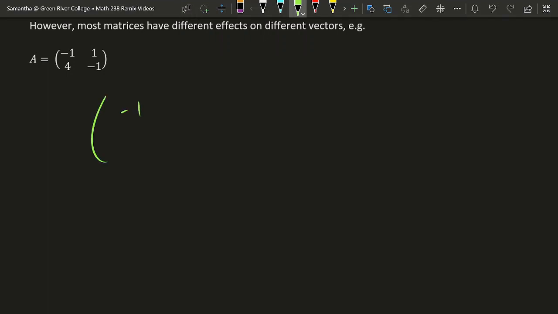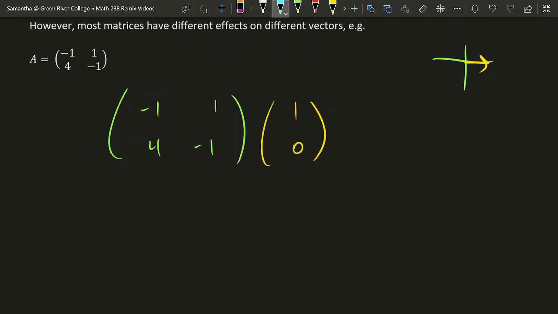If, for example, I applied this matrix to the vector 1, 0, the top entry of the product would be -1 times 1 plus 1 times 0, result -1. And the bottom entry would be 1 times 4 plus -1 times 0, result +4.